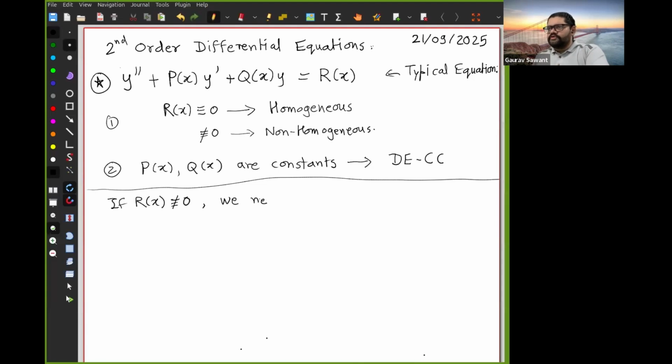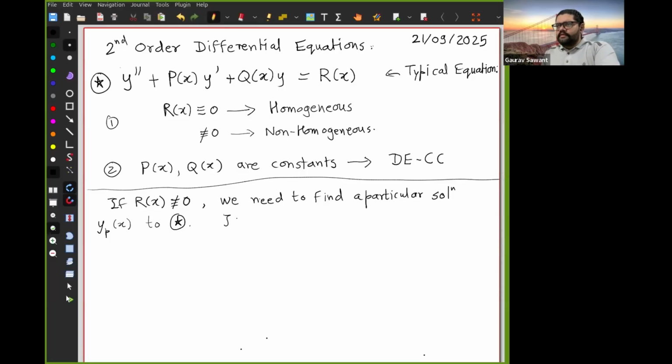we need to find a particular solution. We will call that particular solution yp of x to star.